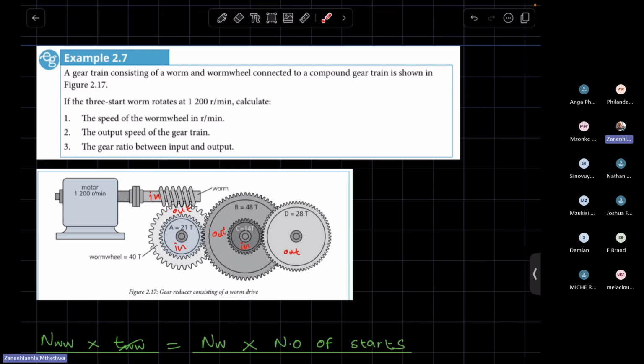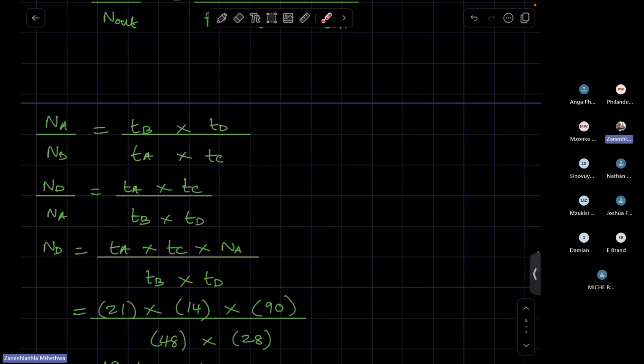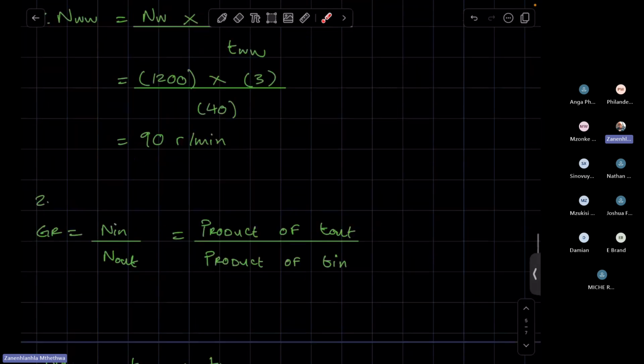Hence, even if at this point you think of how this affects the gear ratio or velocity ratio or mechanical advantage, it seems we are going to get a very ridiculous amount of gear ratio or mechanical advantage, which is essentially why we use worm and worm wheels, to get a ridiculous amount of mechanical advantage. So that's how you do number 2.